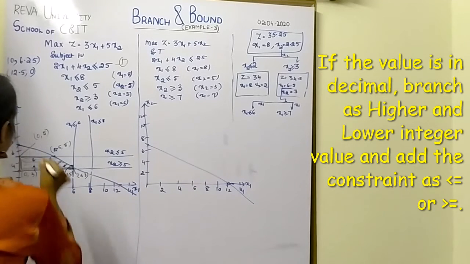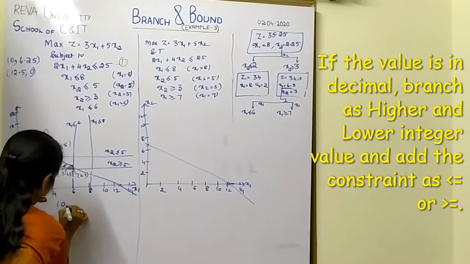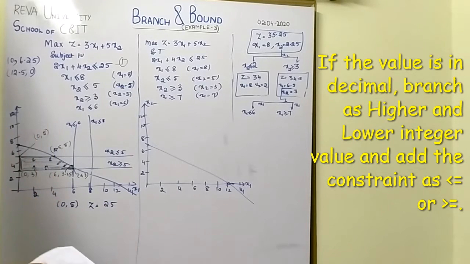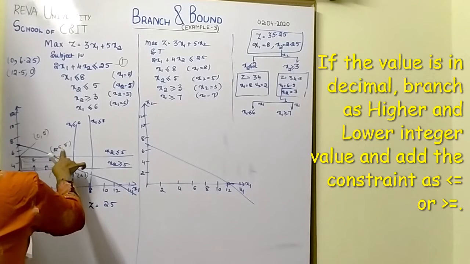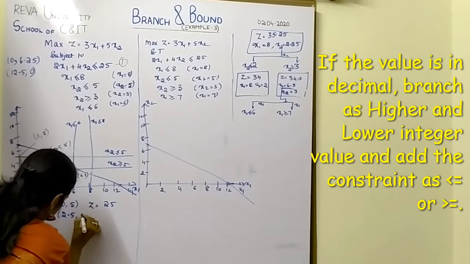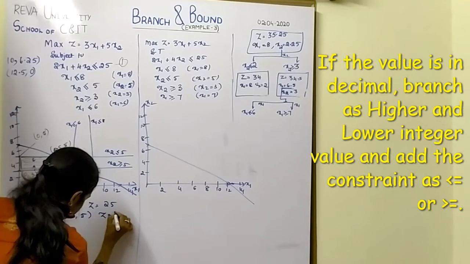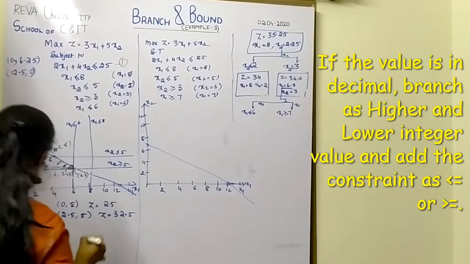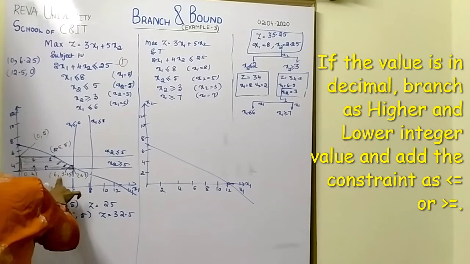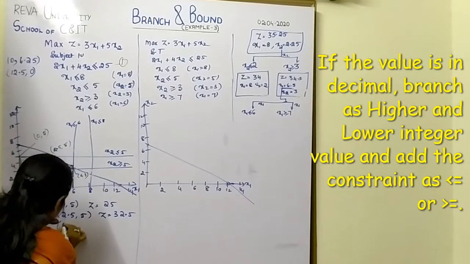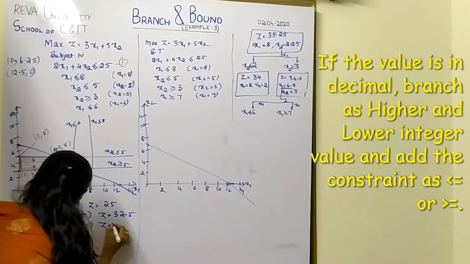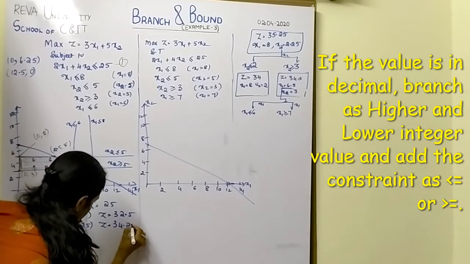For (0, 5), z value equals 25. For (2.5, 5), z value equals 32.5. For (6, 3.25), you will get z equal to 34.25.